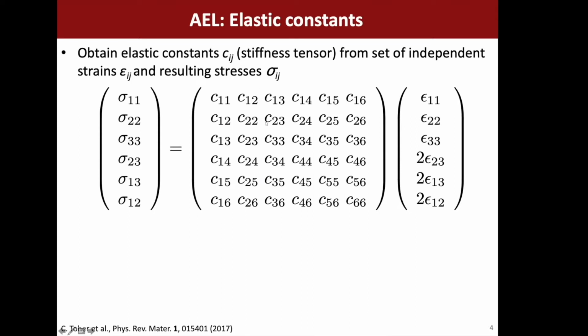This is what's called the Voigt notation. Indices 1 to 3 represent the normal strains, and these represent the shear strains. This is the normal stress-strain response, this is the shear stress-strain response, and this is a combination of the two. These are on the off diagonals.